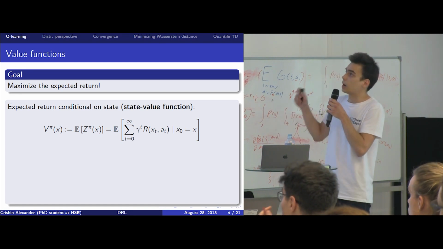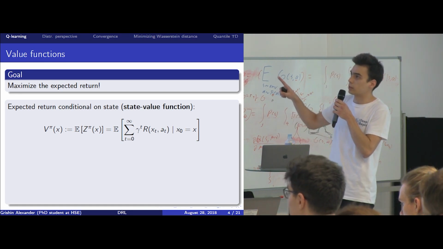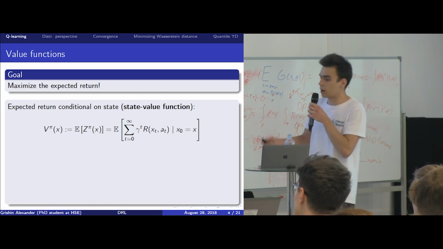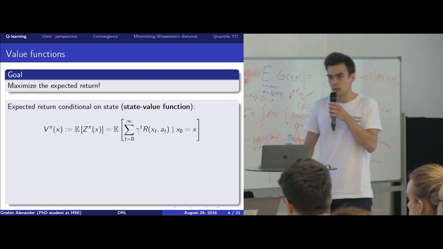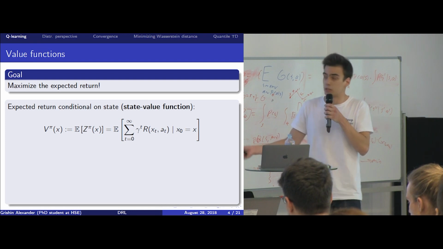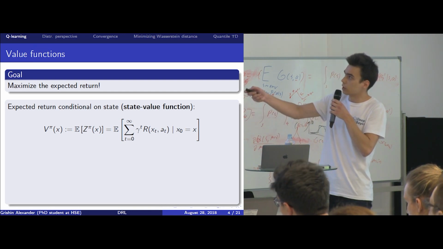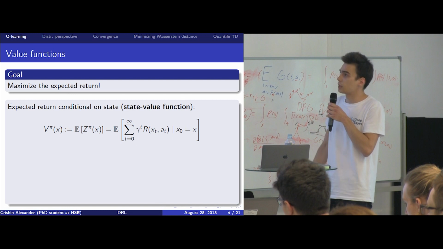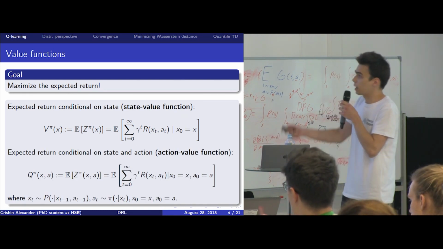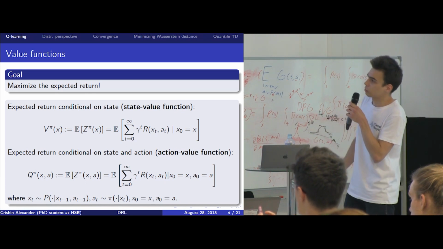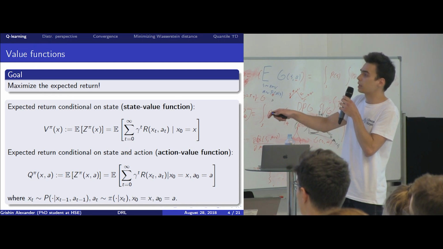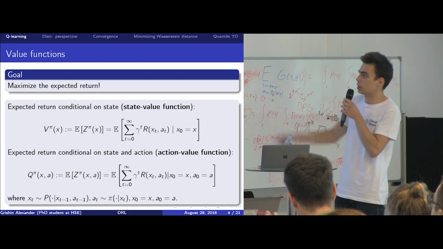So, for example, the state value function describes the goodness of the policy if we start from the state S and then follow the policy. It's just the expected return conditional on state. And the second important function is the action value function, which is pretty similar. It's conditional not only on state, but also on action.